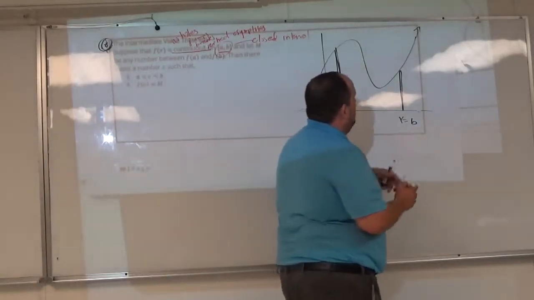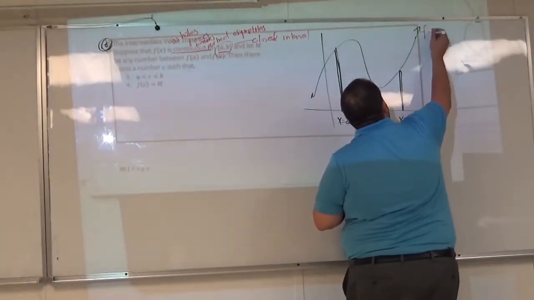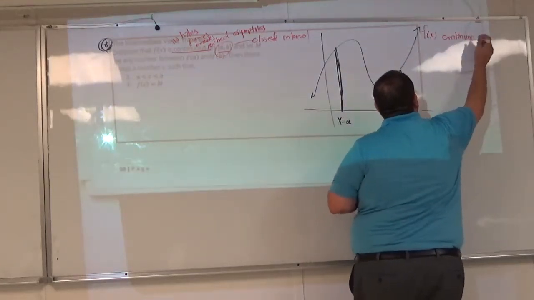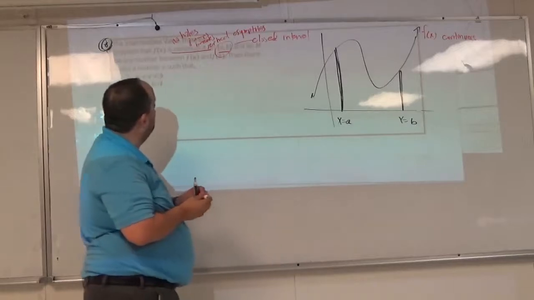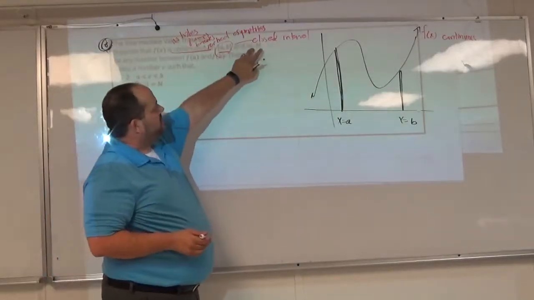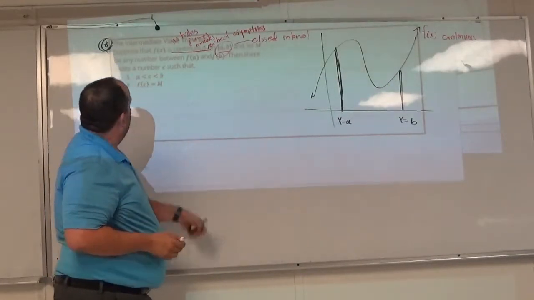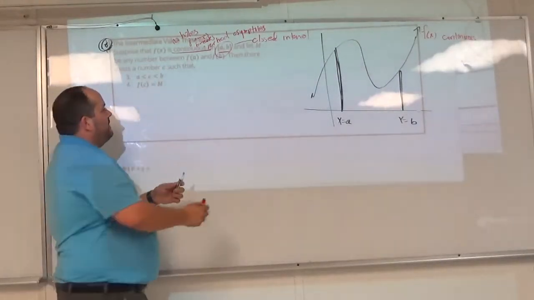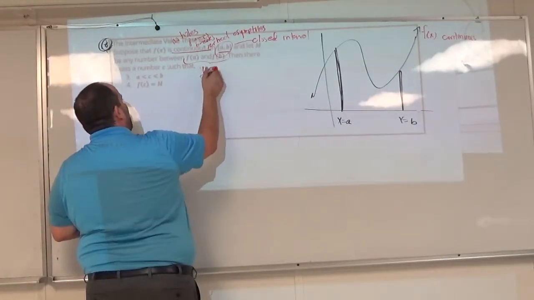Here's A and B. The function's name is f of x, and we know that f of x is continuous. Let M, still haven't unraveled the mystery of M, be any number between f of A and f of B. F of A and f of B are y values.